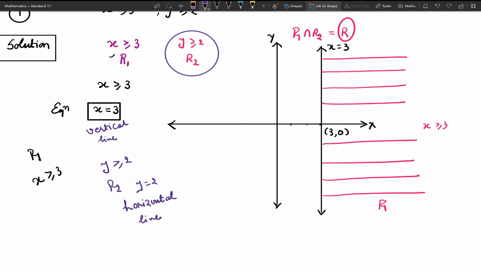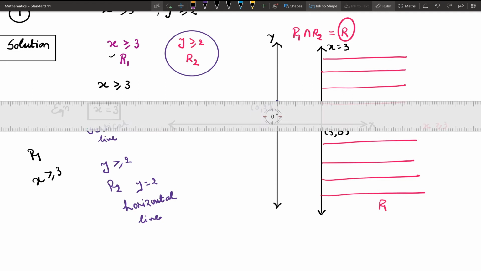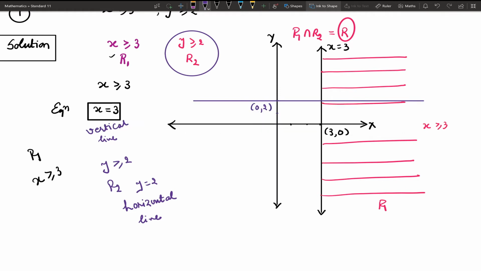So y equal to 2, with 1, 2 on the axis, will be a horizontal line passing through (0, 2). So this is the line y equal to 2. Now y is greater than or equal to 2.